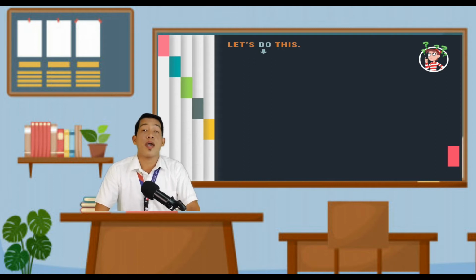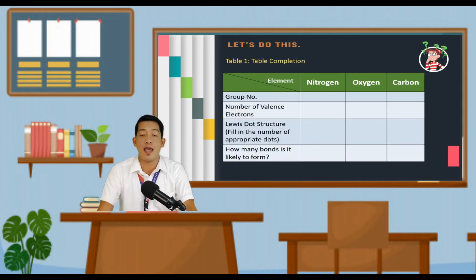Let us answer it together. Okay, table completion. We have nitrogen, oxygen, and carbon: group number, number of valence electrons, Lewis dot structure, and how many bonds it is likely to form.